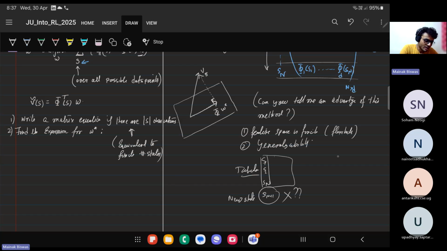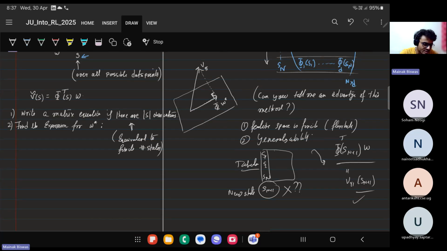But for a new state Sn plus 1, you still have the feature matrix and you can just multiply with W and get your generalized output for the new state. Yes or no? Do you agree? Clear? So this is highly generalizable, which tabular is not.